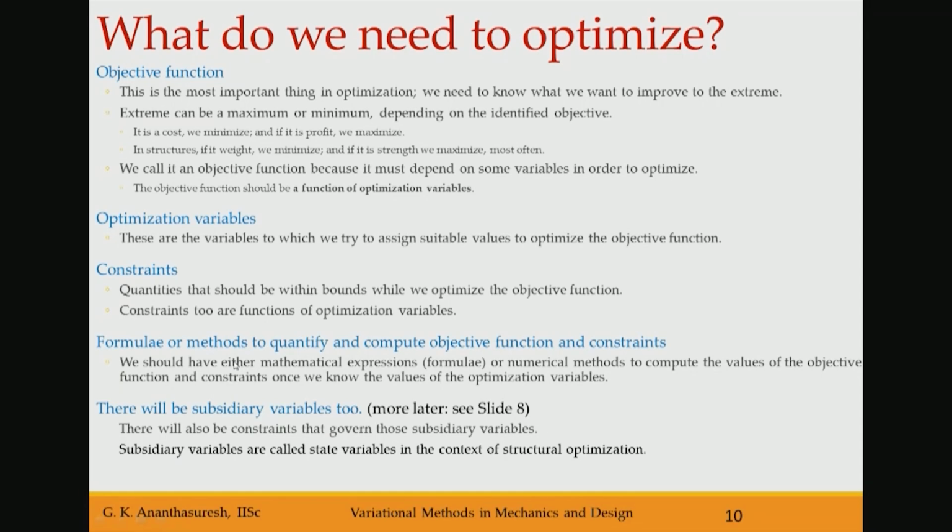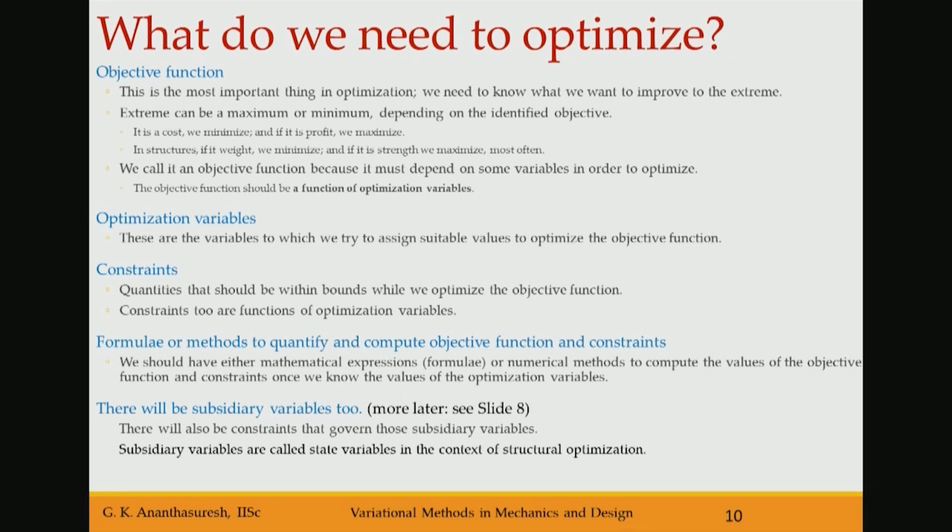It should all be mathematical, and there will be some other variables too, which we call subsidiary variables or state variables. These also will be there in our optimization problem. Whenever we talk about optimization in our daily life, we always say casually that I want to optimize it or I have optimized, but what we really need to understand is that real optimization needs to be mathematical.